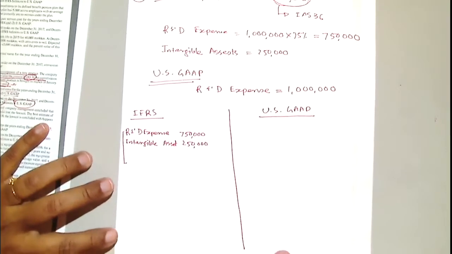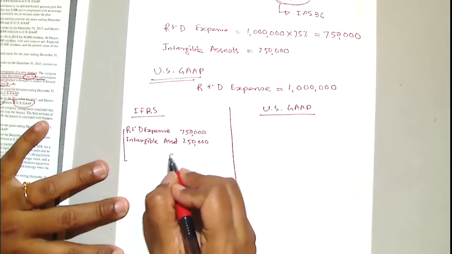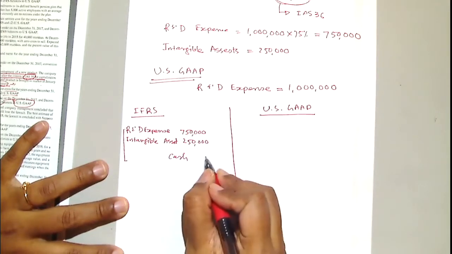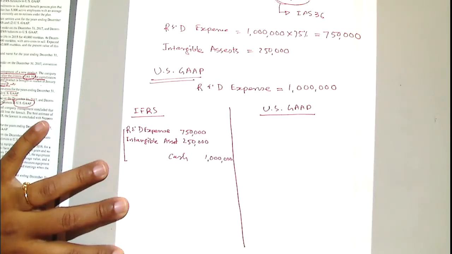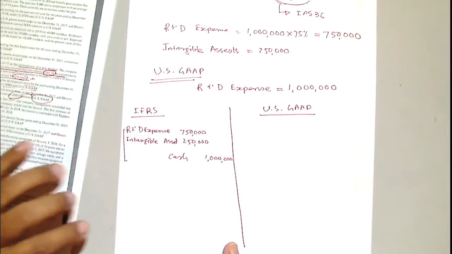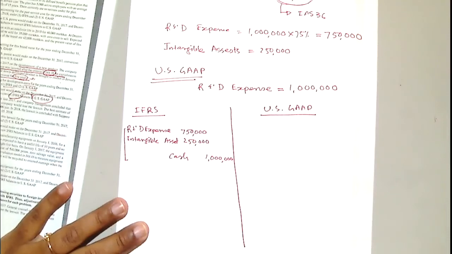For this R&D expense, you just paid cash, so we're going to credit cash, the whole amount. This is your IFRS journal entry. Is it clear? So we showed 75% as an expense. Expense is a debit item, and the rest 25% we showed as an asset. Asset is also a debit item. And credit cash because we paid cash.